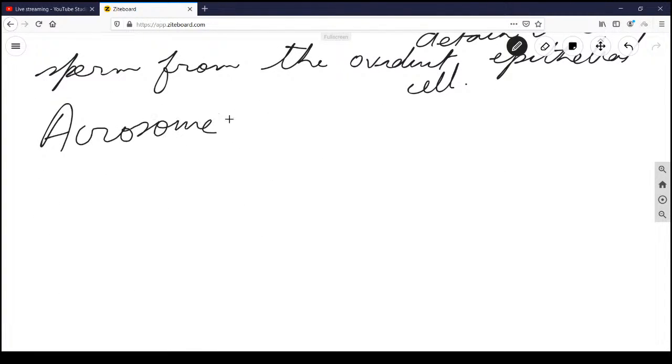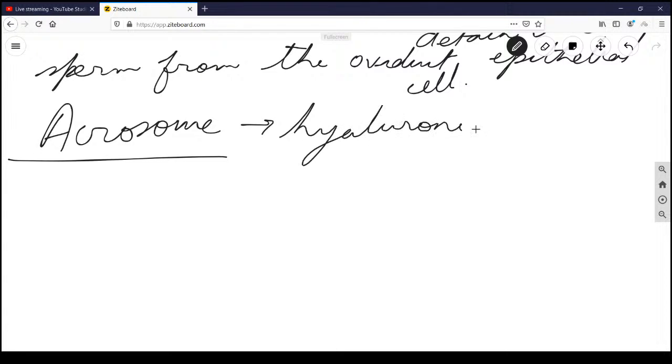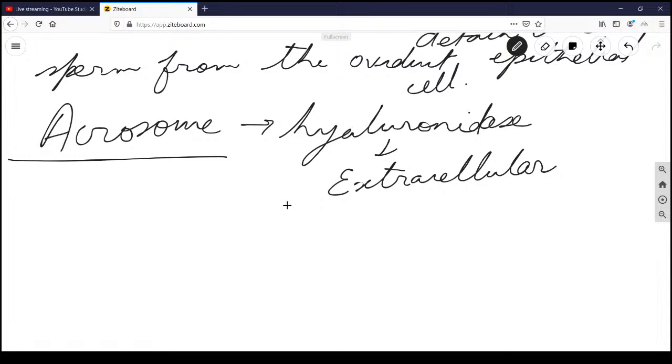That is the main enzyme that you should tick upon when it comes to NEET examination, hyaluronidase, which will degrade the extracellular matrix of the cumulus cells.